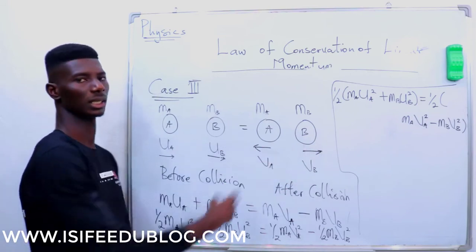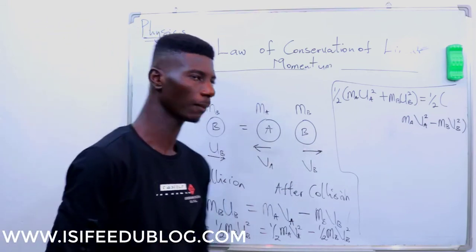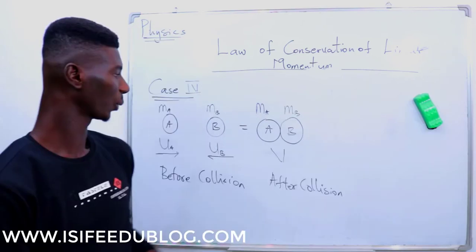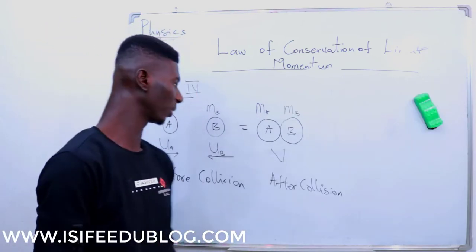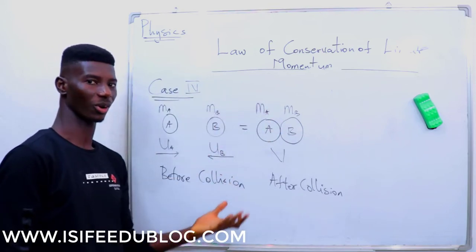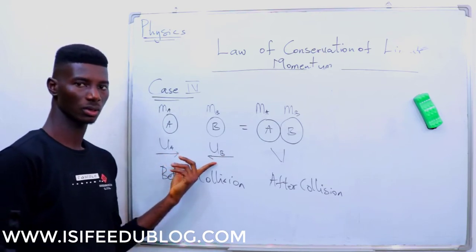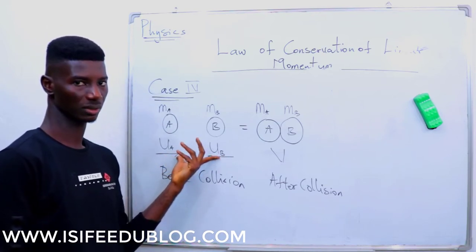These two colliding, separating. So let's quickly go over to case 4 and see what else can happen. Now we have another case here on the board. So we have case 4. This diagram can also occur. Now what we have here is, let's say, two vehicles coming in opposite directions.